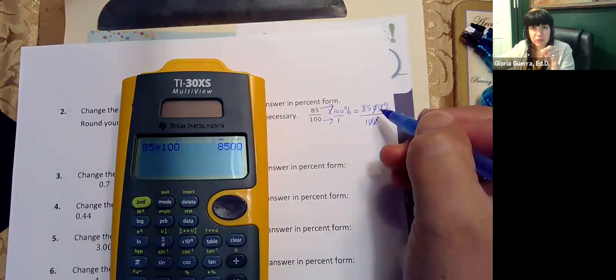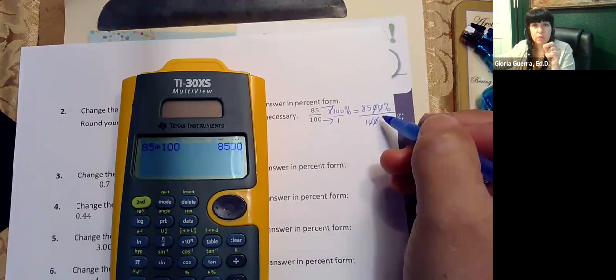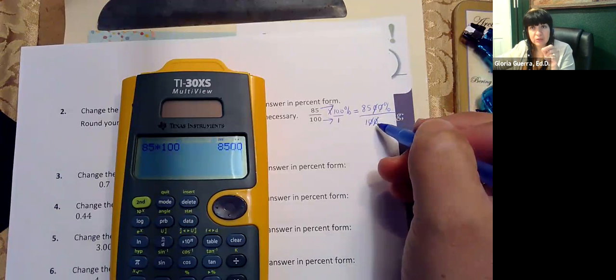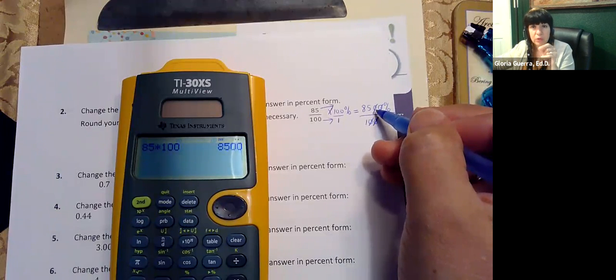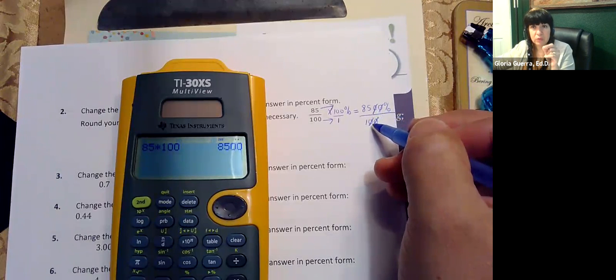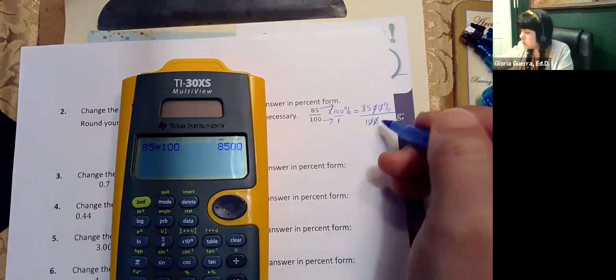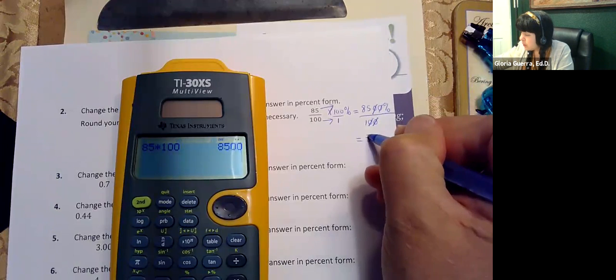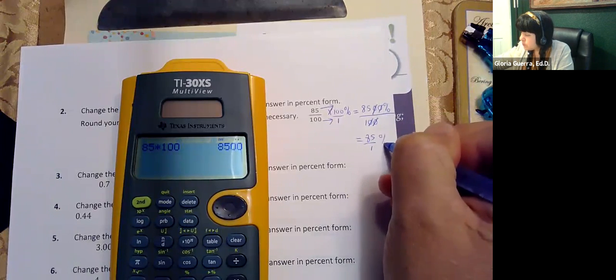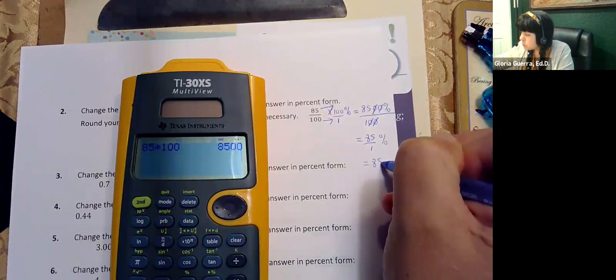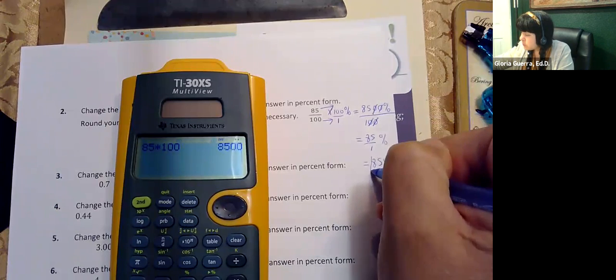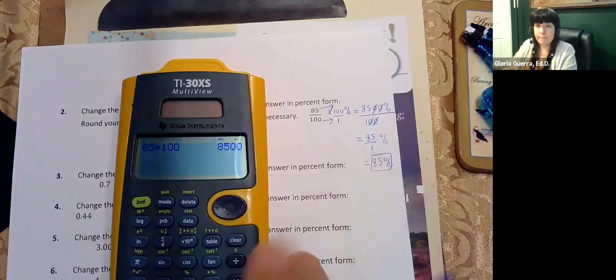For every 0 in the numerator, you can cross out or cancel out a 0 in the denominator. So then this gives you 85 over 1%, which is just 85%.